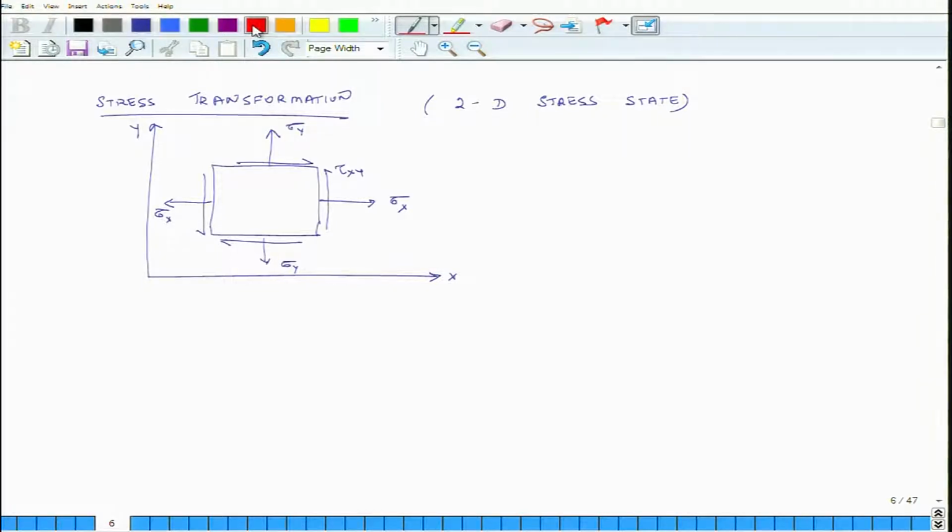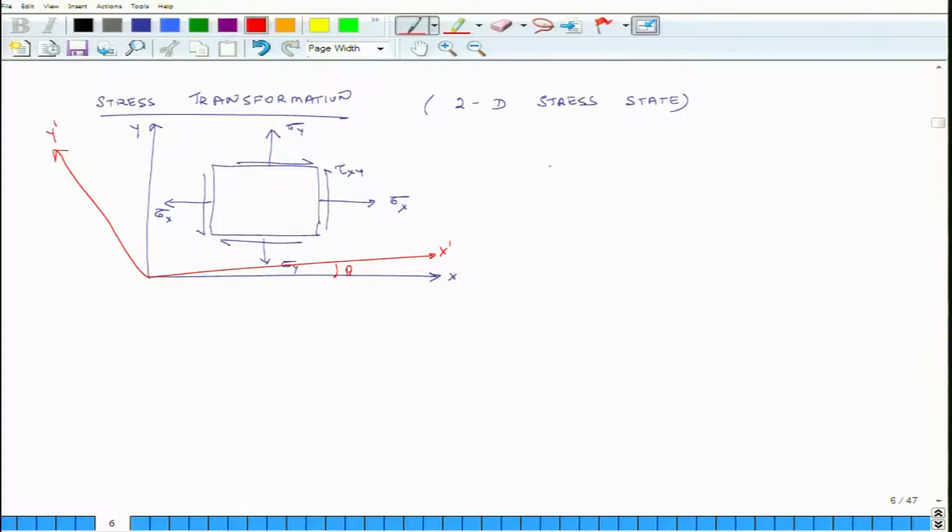Now, suppose instead of using this coordinate system, I want to use another coordinate system which is indicated in red, and this coordinate system is nothing but the same old coordinate system, but just rotated by an angle theta.